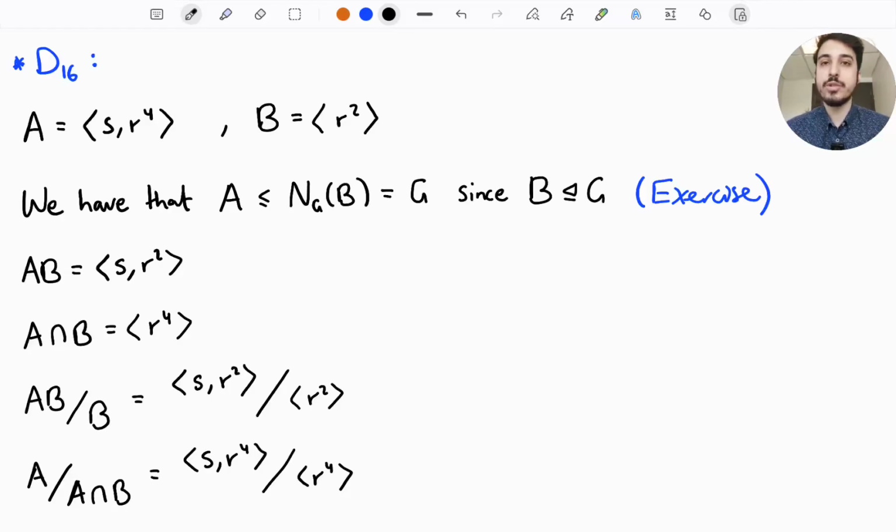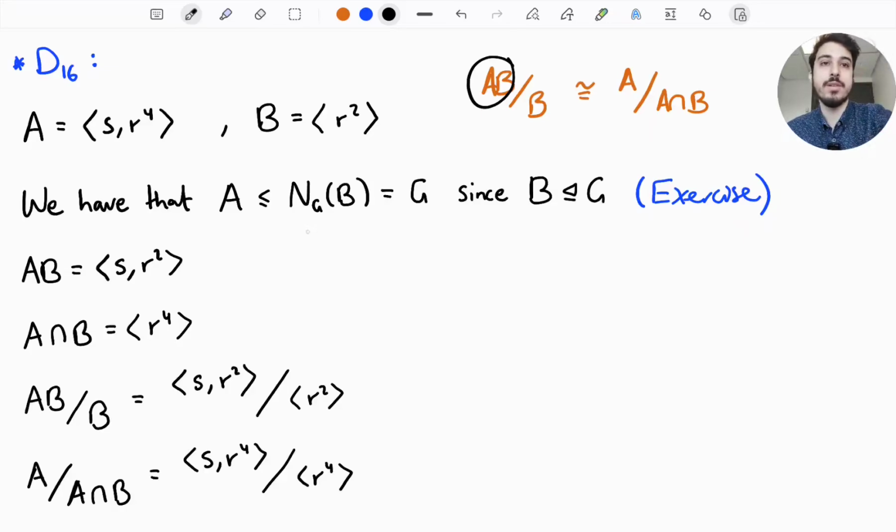Let us now try and use the second isomorphism theorem. Remember, the second isomorphism theorem says that AB quotient with B is isomorphic to A quotient with A intersect B. So let us find out what AB is like. AB here is the subgroup generated by S and R2.